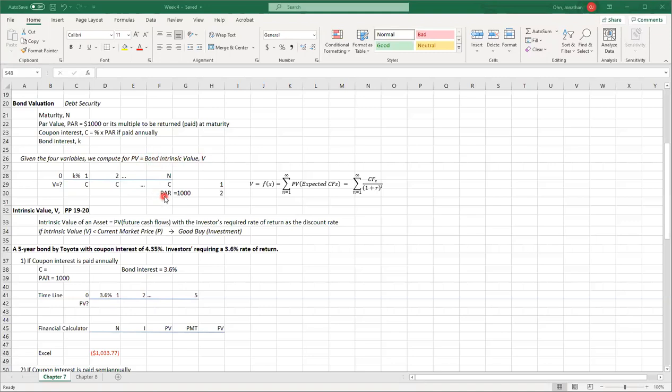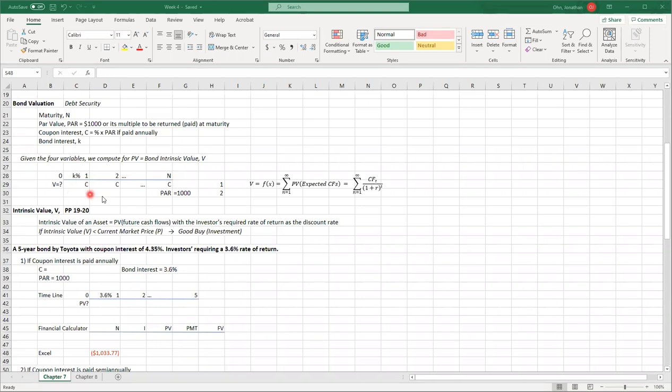Now, if I show you all the bond variables and characteristics on a timeline, this is it. We talked about the timeline last time, right? Time value of money. So the time horizon is n years, and the bond interest rate is 8%.